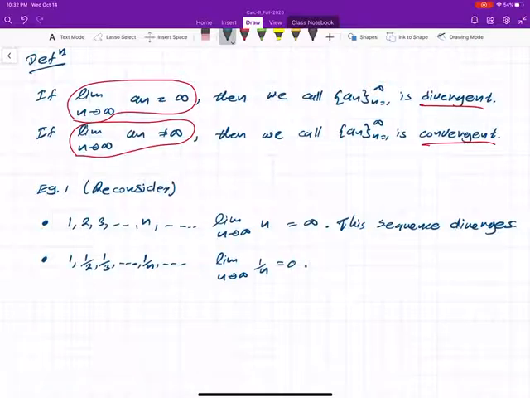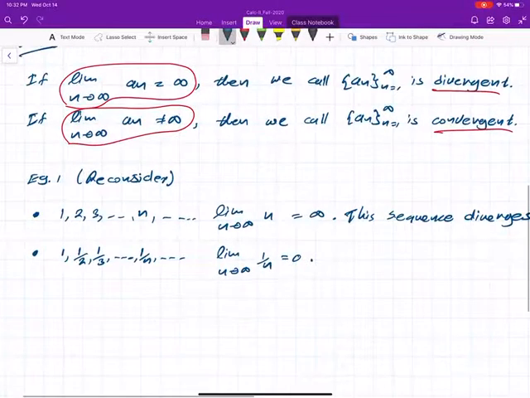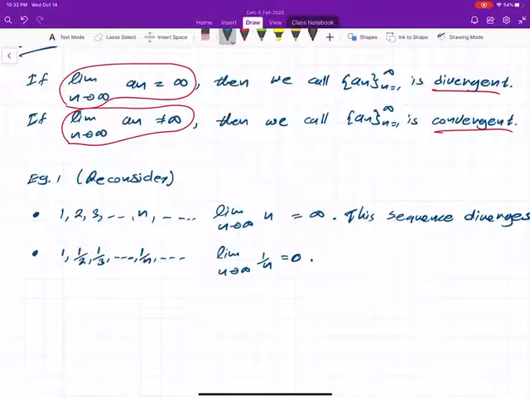This means the sequence converges. What I got was 0. The limit is 0. That means it does not equal infinity, so it is convergent.